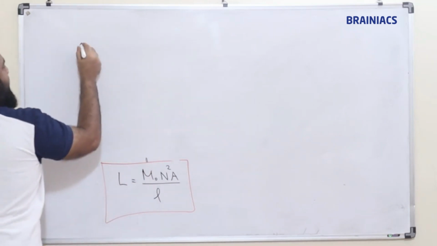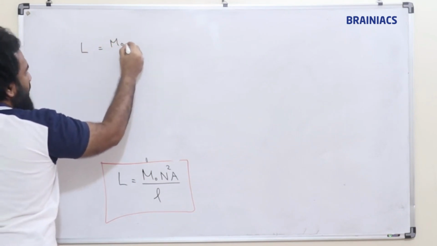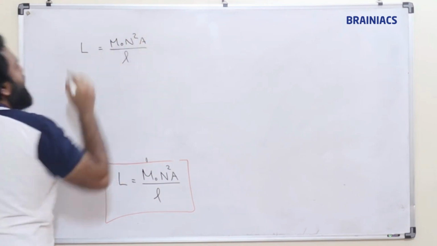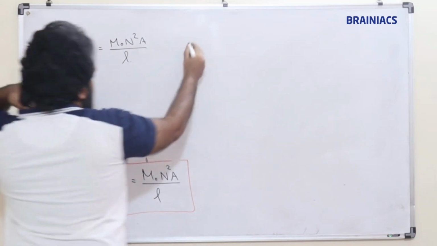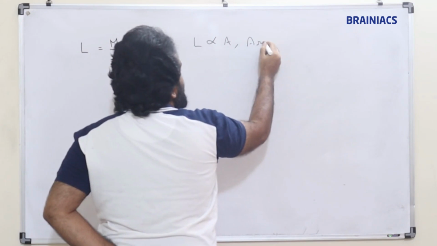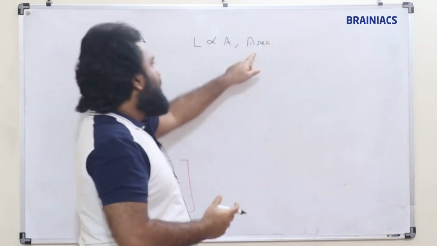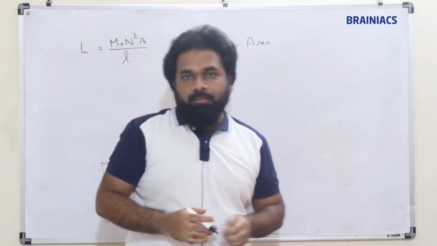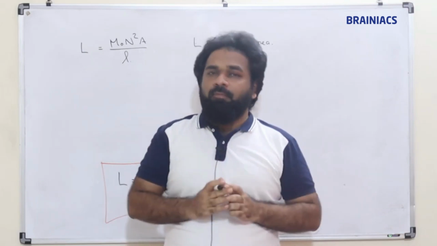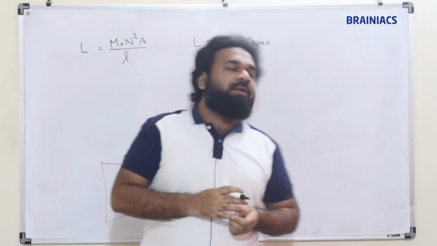So L is equal to mu 0 N square A divided by l. Now we can say that L is directly proportional to the area. So inductance is directly proportional to area. Based on the area, if it is circular, it will have some inductance; if it is square, it will have some other inductance.